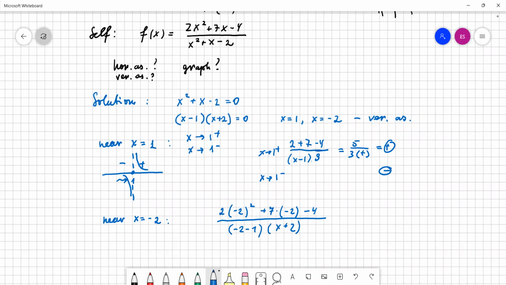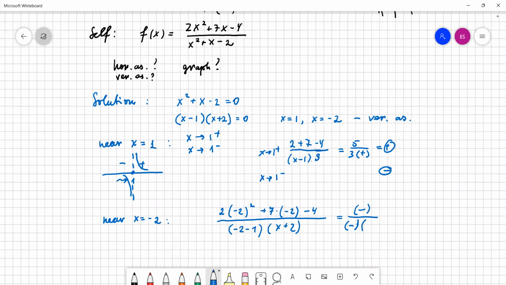I cannot plug it here because I would divide by 0, obviously, right? So I'm going to calculate my numerator. Numerator is 4 times 2, 8, minus 14, and minus 4. Well, definitely it's a negative numerator, right? Denominator here, minus 3, minus.